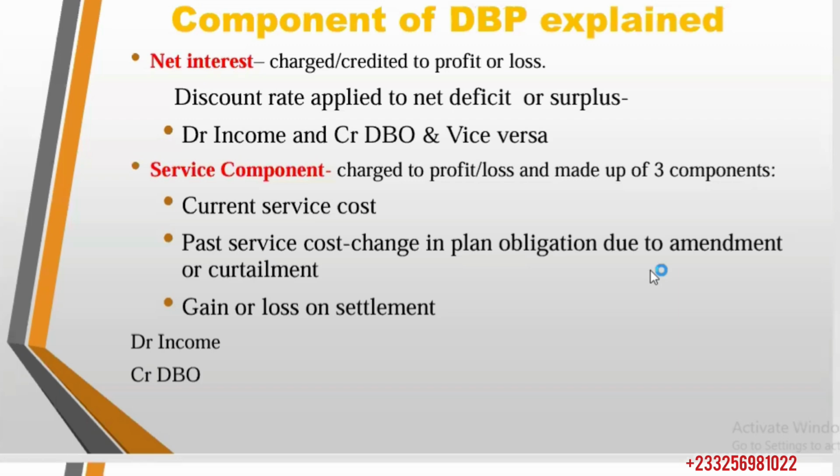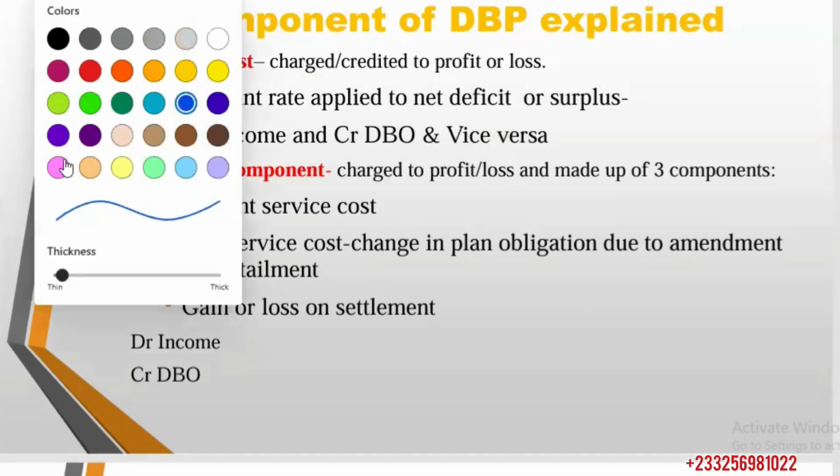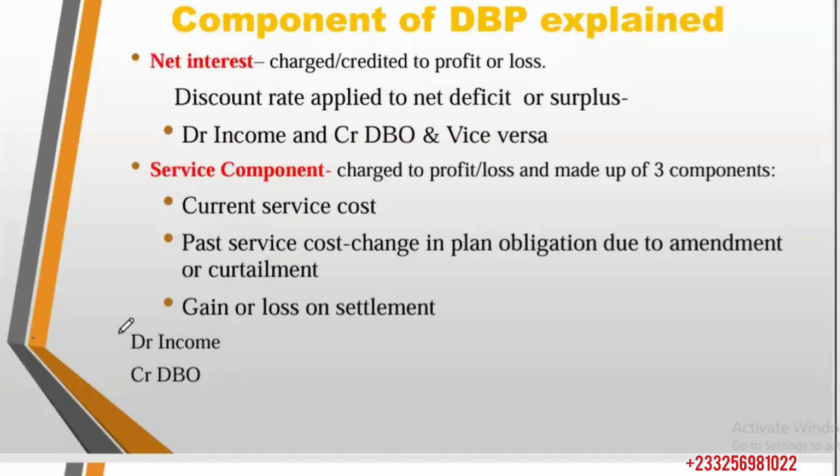Okay, so let's continue with the service cost. We looked at the other components and then there are double entries. Right. What we debit, what we credit. Let's look at the service cost, or the service component. Now we said the service component has three components. We have the first one to be the current service cost, the past service cost, and what we call loss or gain on settlement.